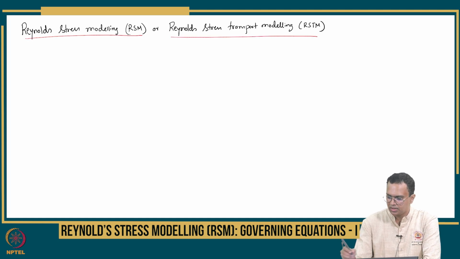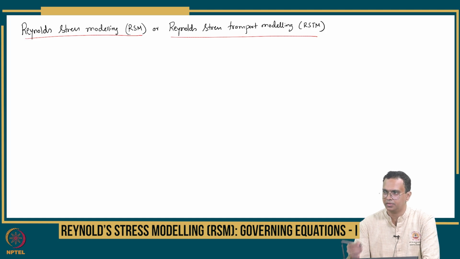These are also called second moment closures because when we did eddy viscosity modeling, we primarily closed the momentum equation, right? Your u bar, v bar, w bar equations were closed by modeling the Reynolds stresses using Boussinesq. So that is the first moment closure.